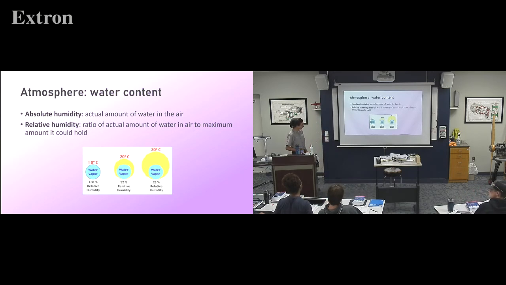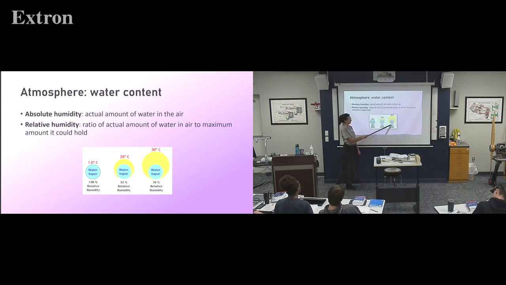So here at 30 degrees Celsius, where it's nice and warm, hot air holds more water vapor because it's already giving space for that water vapor to come in because it's less dense. It holds this amount of water vapor.